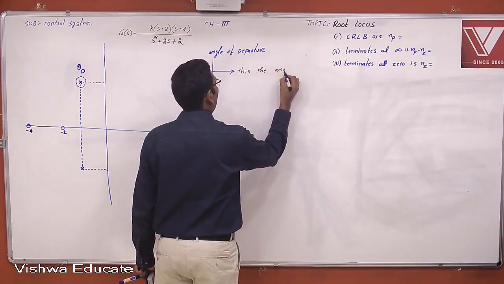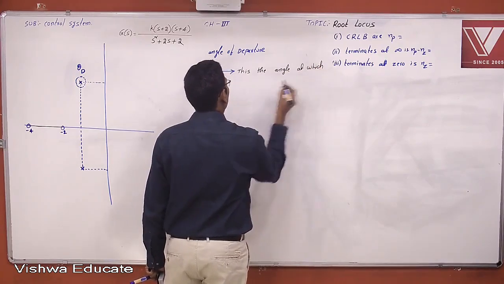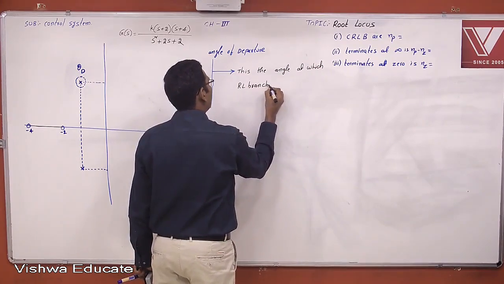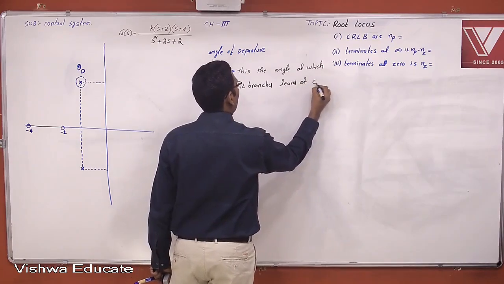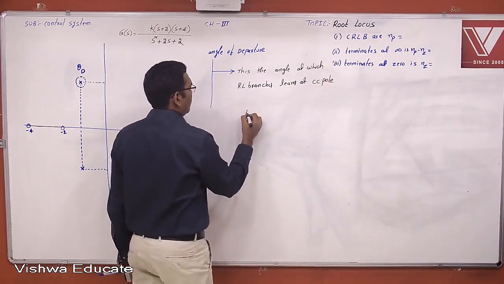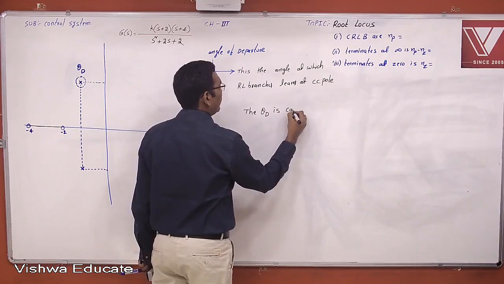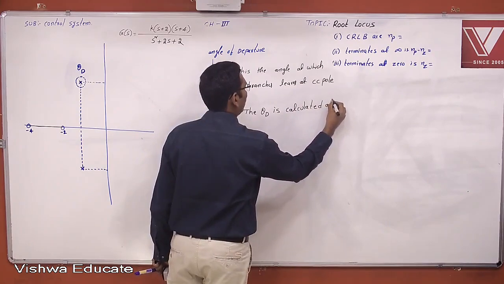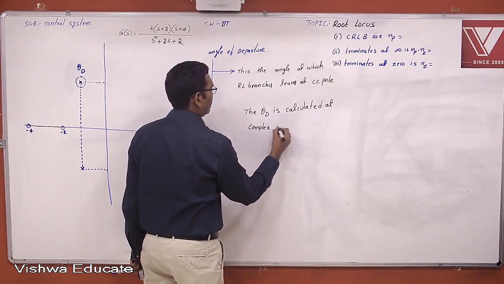This is the angle at which the root locus branches leave at the complex conjugate pole, and the angle of departure is calculated at the complex conjugate pole.